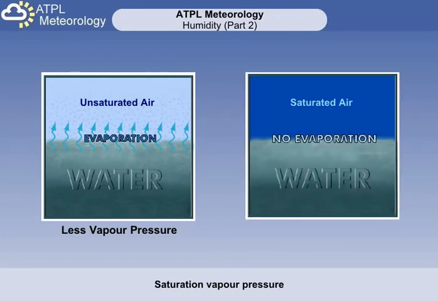If we left this box alone for long enough, water will have evaporated from the water surface for the air to become saturated. At this point, evaporation will stop, and the vapor pressure will also cease to rise. This maximum value of the vapor pressure occurs at saturation and is called, unsurprisingly, the saturation vapor pressure.